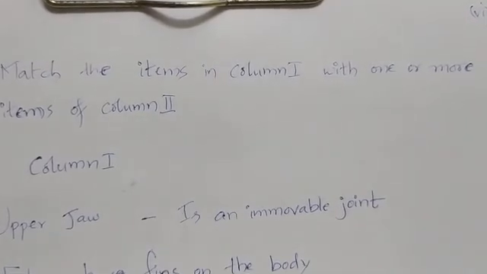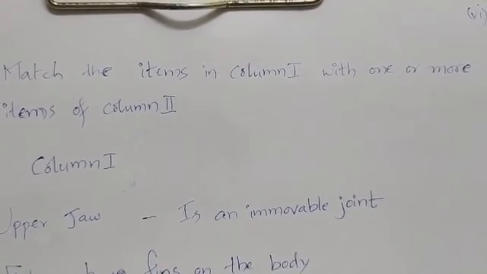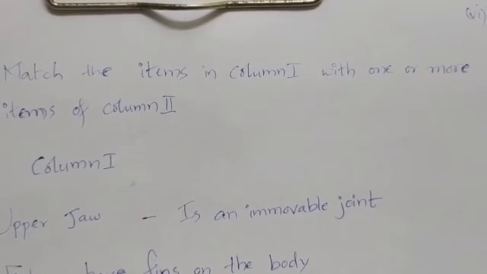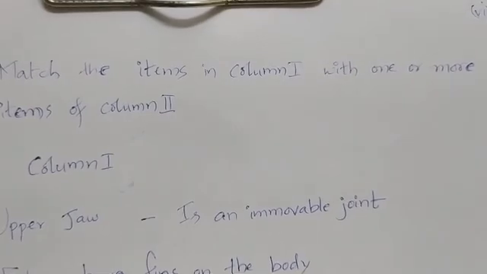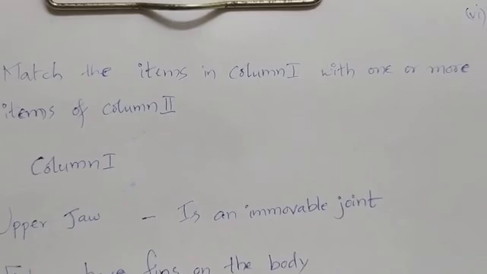Only your lower jaw is moving while we are talking, while we are eating, whereas your upper jaw will not move. So it is an immovable joint. Protects the heart, shows very slow movement, have streamlined body, no relation with the upper jaw.